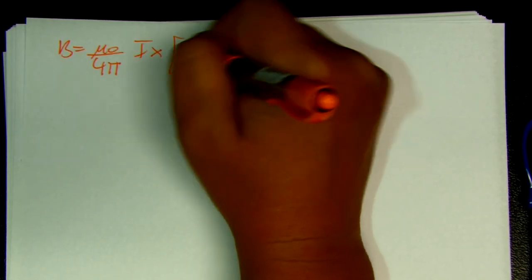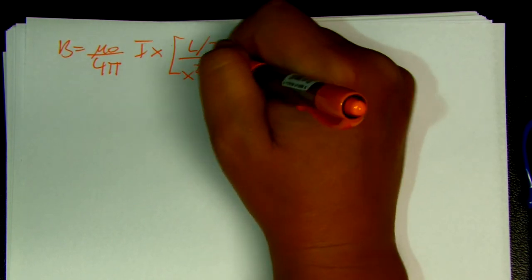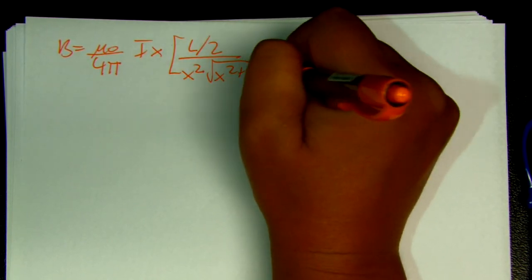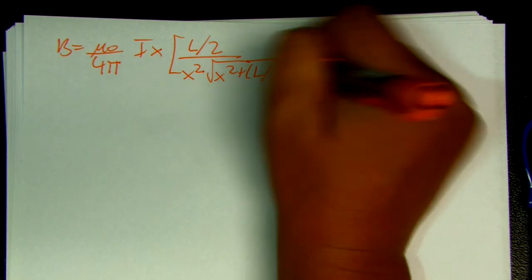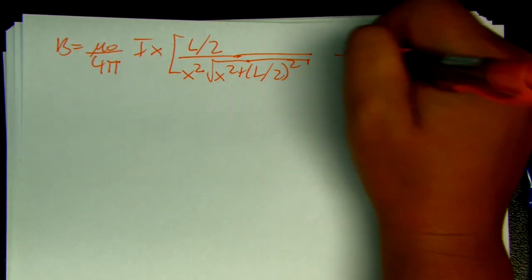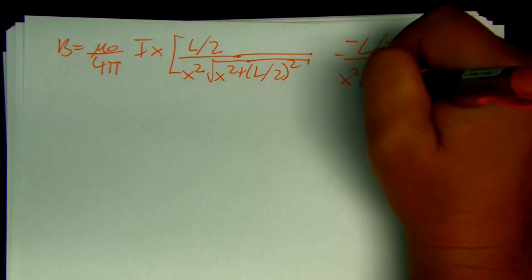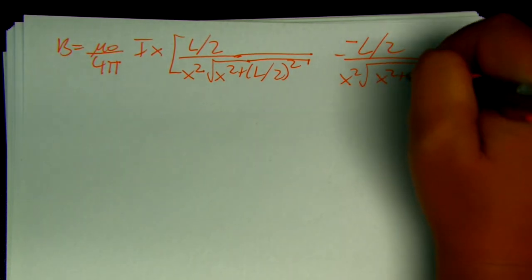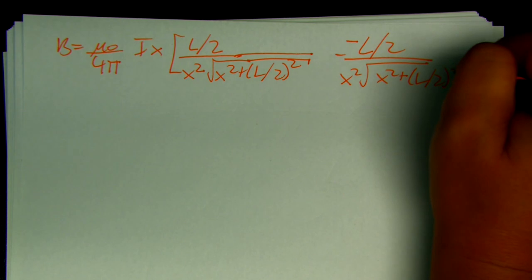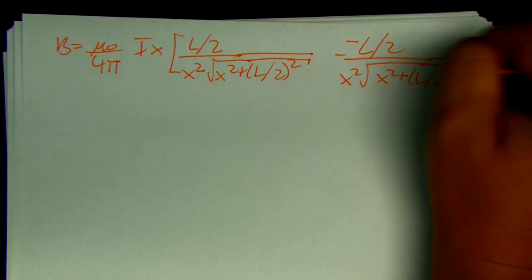And simplifying this further, B equals mu naught over 4 pi, I x, L over 2 over x squared times the square root of x squared plus (L over 2) squared, plus another identical term, giving twice L over 2 over x squared root x squared plus (L over 2) squared.